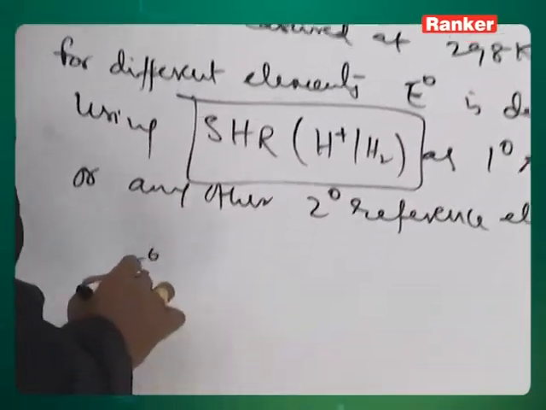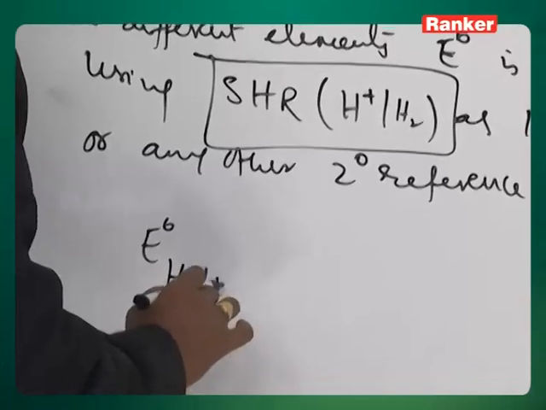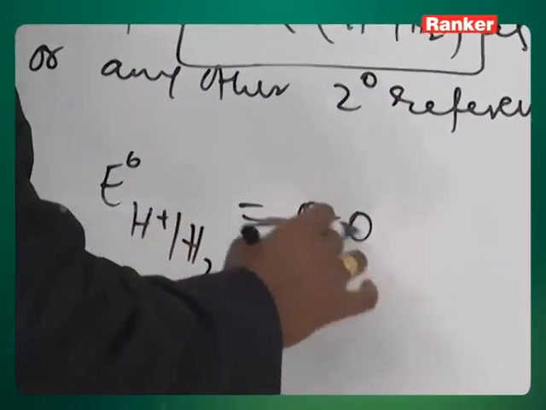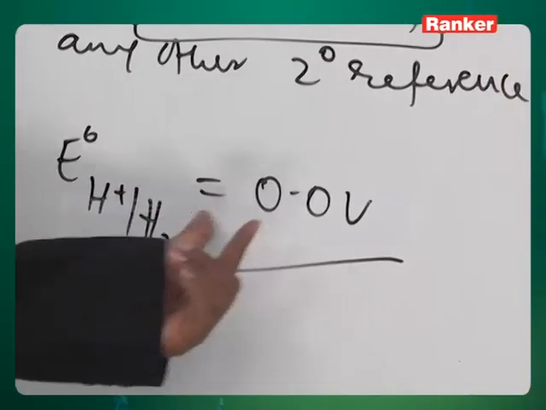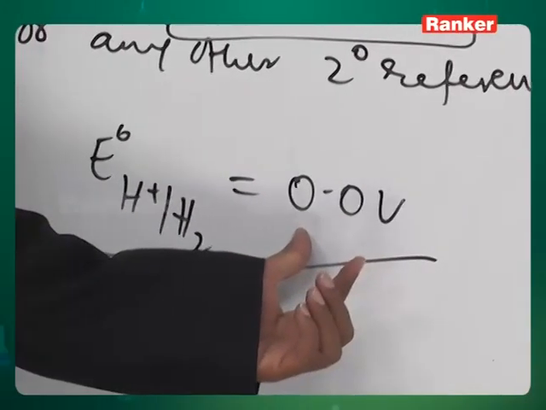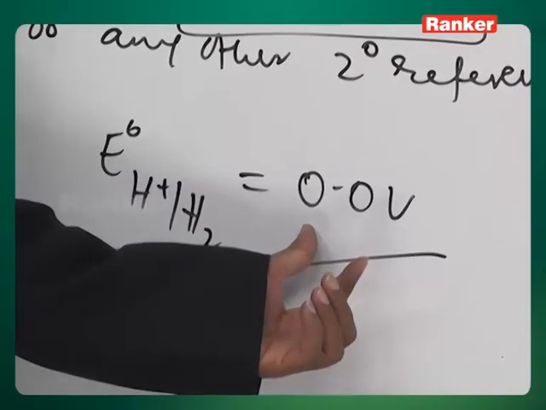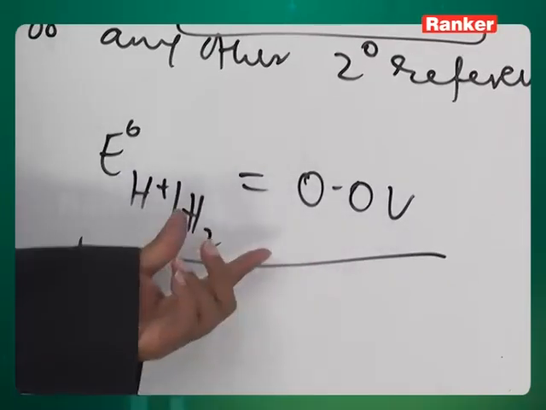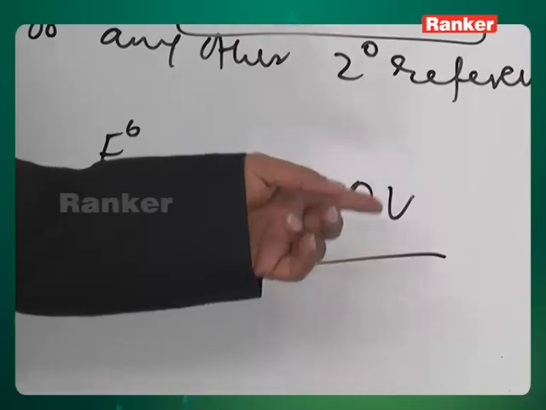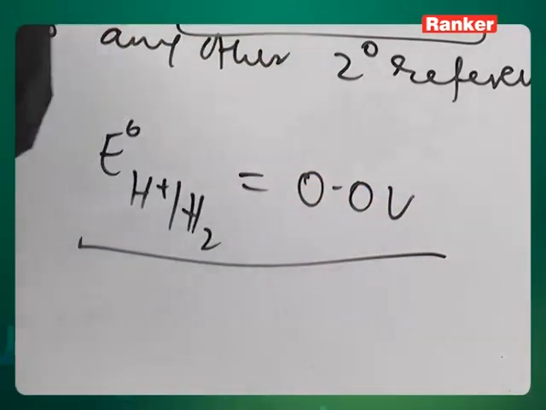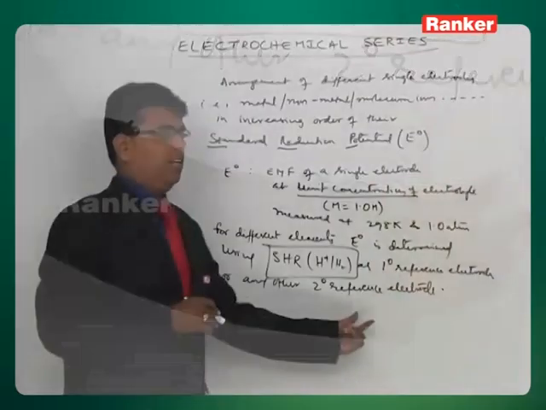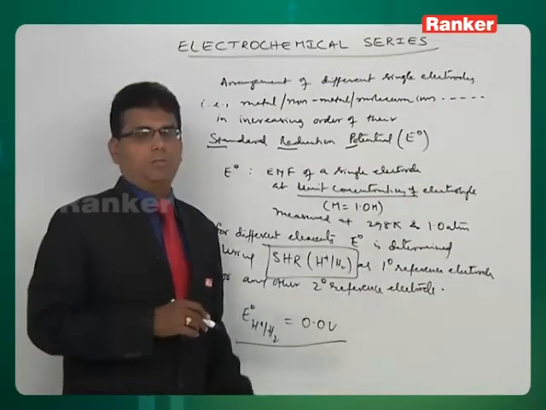So, the E naught value of H plus, H2 is what we always say is 0.0 volts. It is moderately electronegative, neither highly electronegative nor least electronegative. So this is taken as the reference and its EMF is considered as 0. Using this, the E naught values of all other elements have been determined.